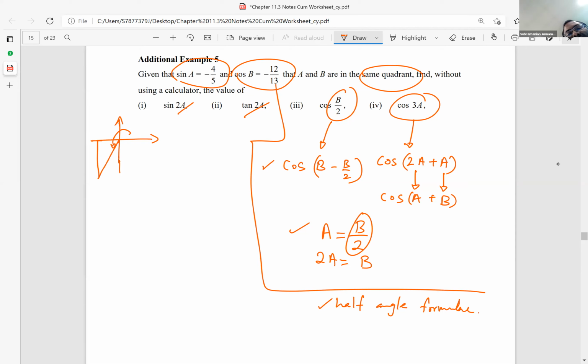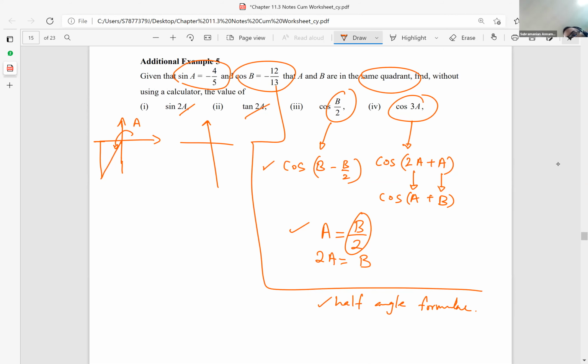Okay, so it doesn't matter. You can draw this A first, then you draw another one, B. This is your B. A is 4 over 5, so this is 4 and this is 5, so this one should be 3. And remember, because this is negative, this one must also be negative. Negative 4.